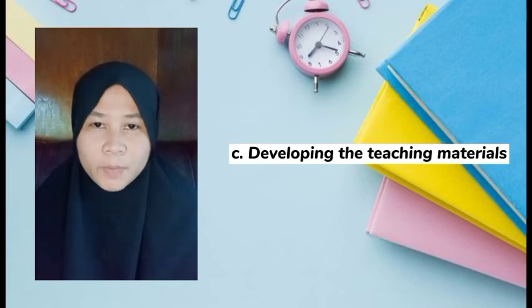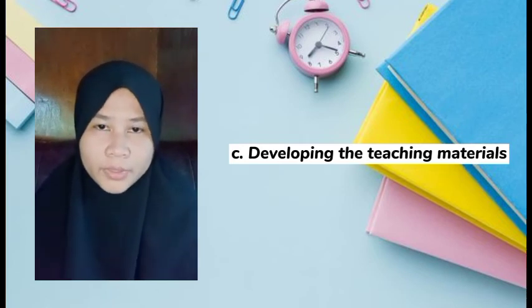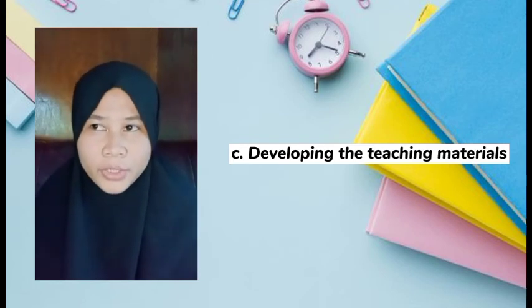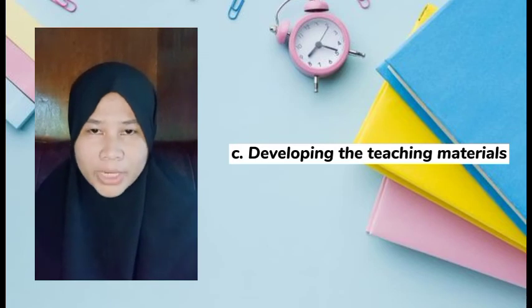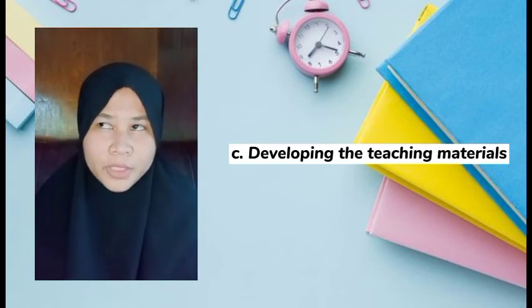And before implementing teaching material, they need to be reviewed by experts. The review is carried out to ensure that teaching materials have been developed properly and are ready to be used according to the assessment of the expert.